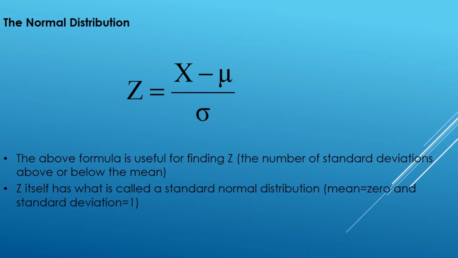Now, we're introducing z, and z is the number of standard deviations above or below the mean. If it is above the mean, you're going to see it with a plus. If it's below the mean, you're going to see it with a negative. Z itself has what is called a standard normal distribution, so the mean is equal to 0 and the standard deviation is equal to 1.